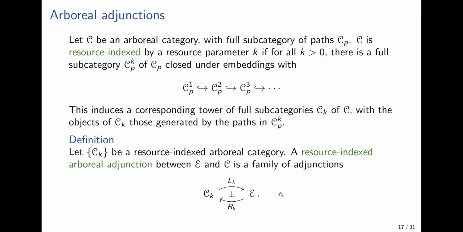So in the concrete examples, C_k could be, for instance, the category of coalgebras for the Ehrenfeucht-Fraïssé comonad. And then these adjunctions would be the canonical ones. So this R_k would be the cofree coalgebra functor, and A_k would be the forgetful functor. In that case, the adjunctions will be comonadic, but in general, we do not need this comonadicity assumption. So I dropped that completely. It's not in the picture anymore. We simply have a family of adjunctions.